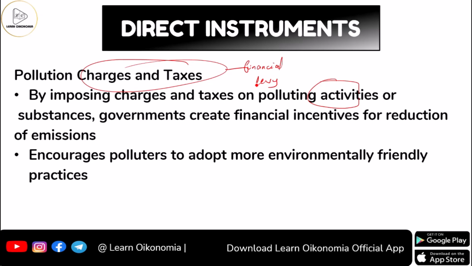This kind of extra expense would encourage the polluters to adopt environmentally friendly practices, or eco-friendly practices, because they could see that when they go for more pollution, the government would be imposing a fine on them.